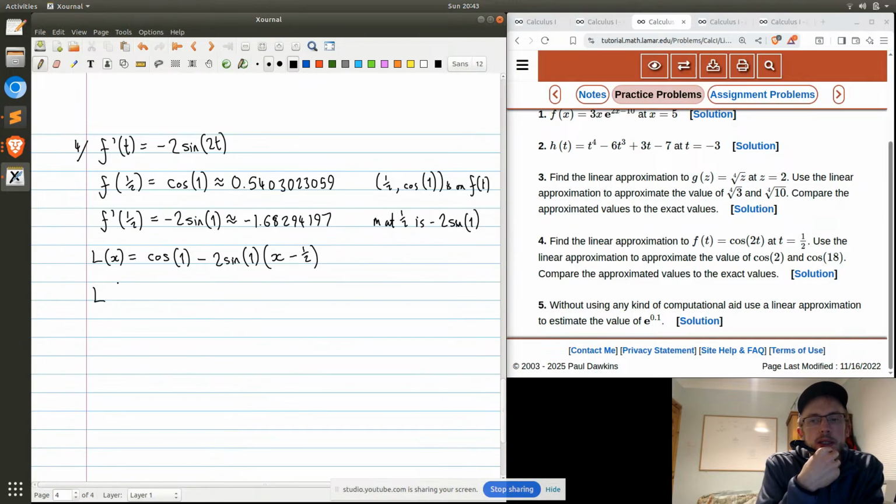Now, we're supposed to use this to approximate the value of cosine of 2. Okay, so that means what? L of 1, if I'm not mistaken. So let's get the approximation first.